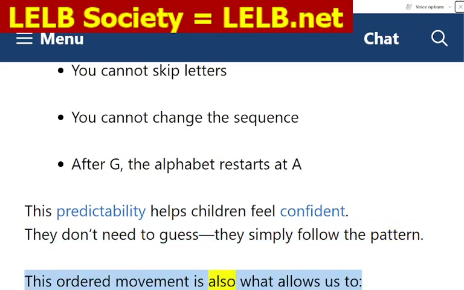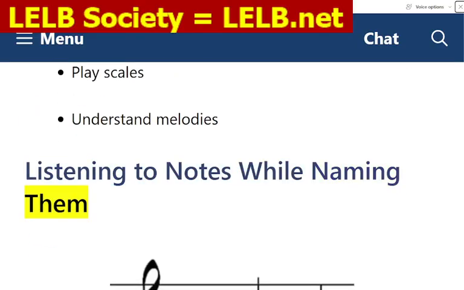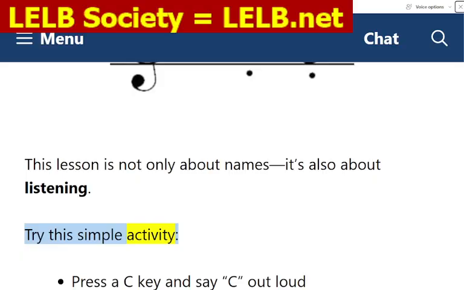This ordered movement is also what allows us to read music later, play scales, and understand melodies. Listening to notes while naming them. This lesson is not only about names, it's also about listening. Try this simple activity. Press a C key and say, C, out loud.